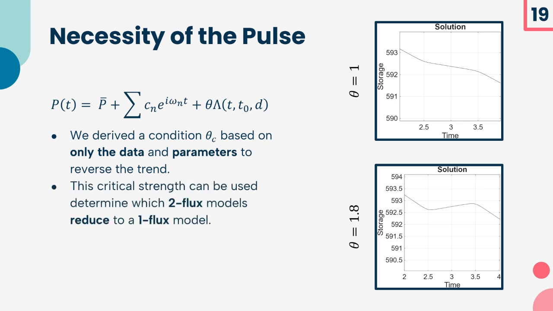And it turns out we can use this to determine which two flux models can just be reduced to one flux model. So this corresponds to theta being less than 0. So basically this means that in reality, there'll be some catchments and models which will just need your standard precipitation formulation of the mean plus oscillations to reverse the trend.